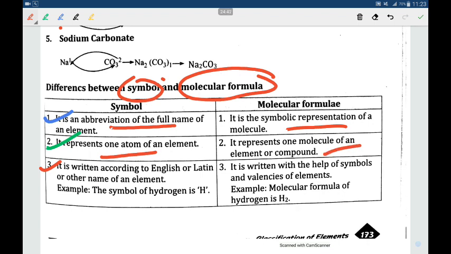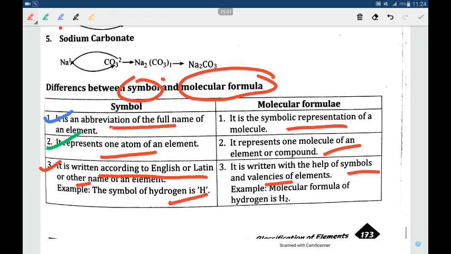Molecular formula represents one compound or an element. Symbol is written according to English or Latin or other name, and molecular formula is written with the help of symbols and valencies of elements. Okay.